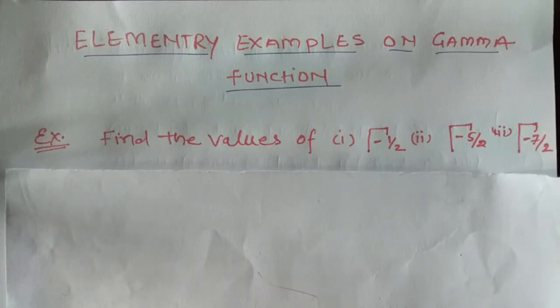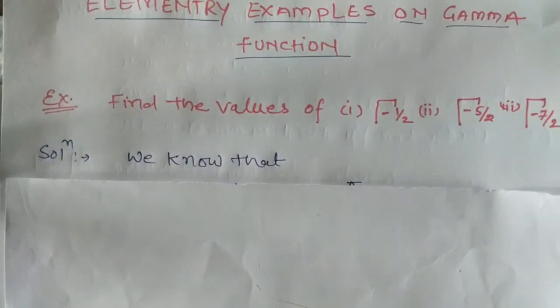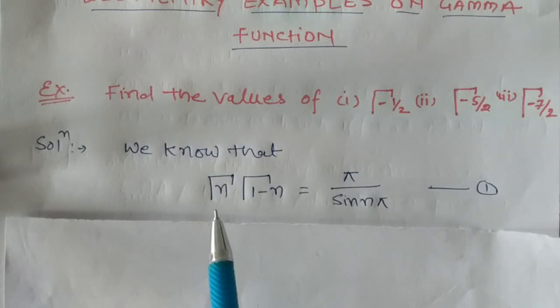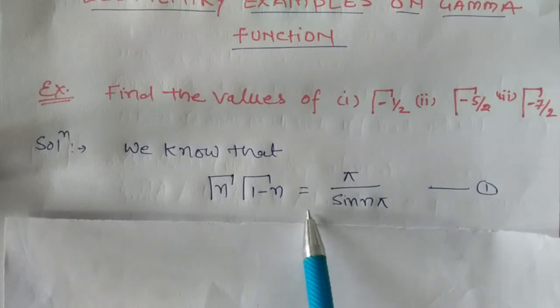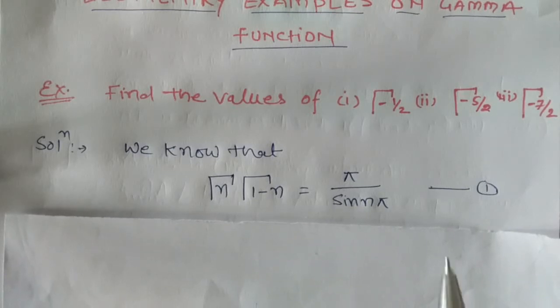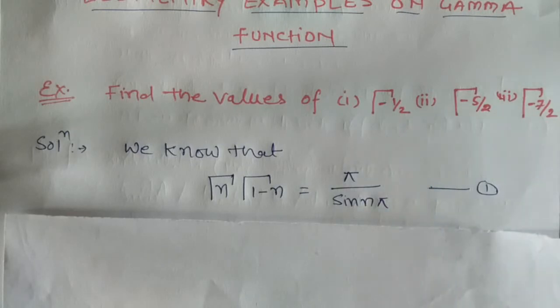So to find these values, we use the relation which we already discussed in the previous video, that gamma n into gamma 1 minus n is equal to pi upon sine n pi. This result we developed in the previous video. Now first we find the value of gamma negative half.